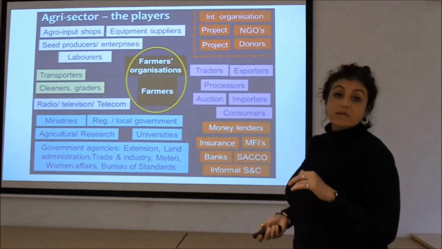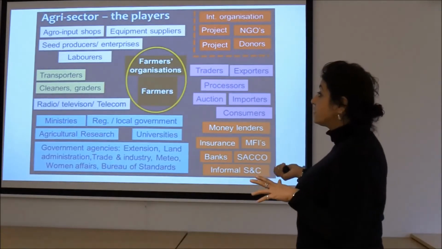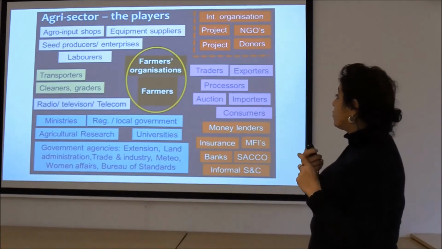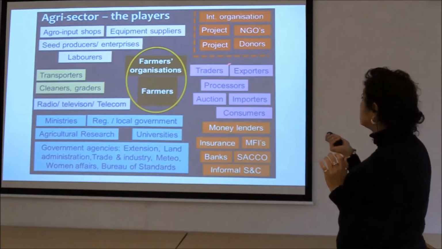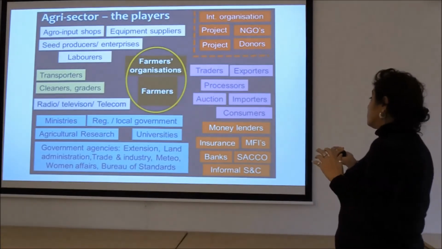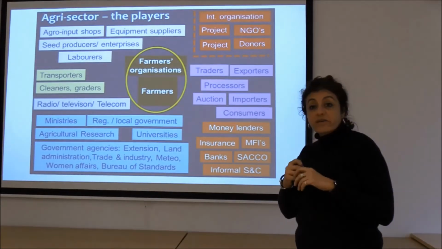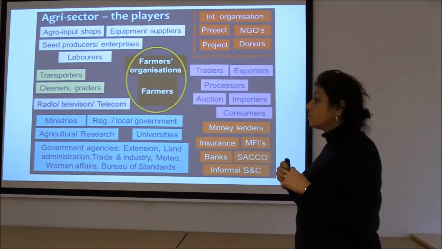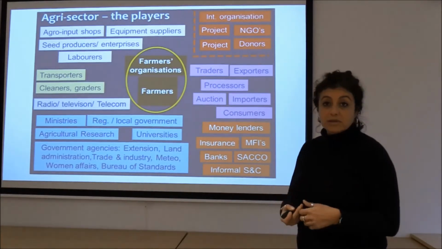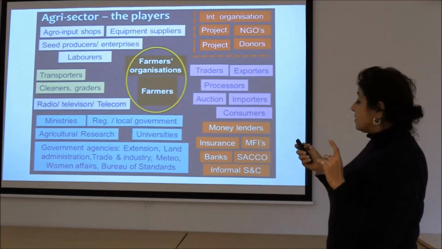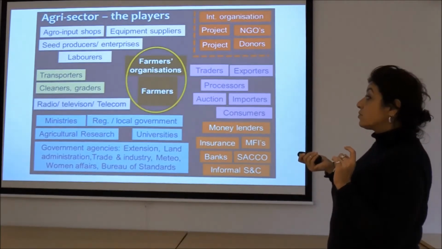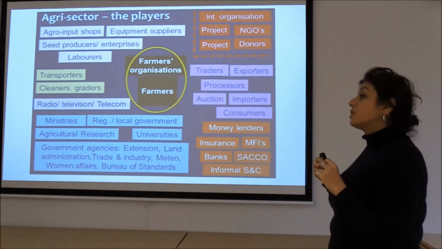And he shared with you a diversity of stakeholders in the slide that you just saw. So he said the traders, the exporters, processors, auctions, importers and consumers are the value chain operators because they own the product, and some of them are already the ones that create value. But then are the transporters, cleaners and graders also value chain operators, Ted?